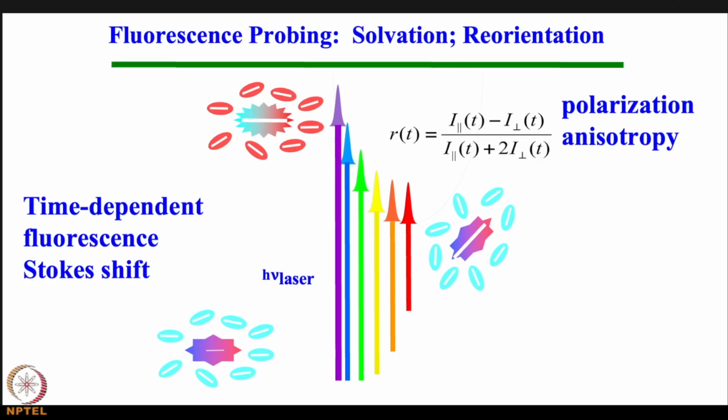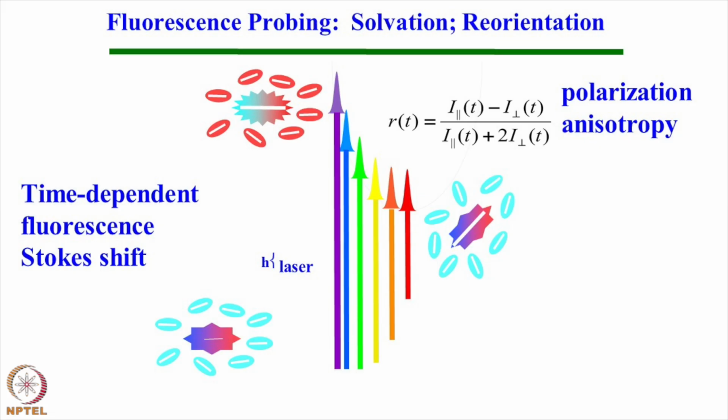This gives you something in experiment called polarization anisotropy. You are just probing how the molecule is orienting in the solution. If it is orienting without any intensity change, that means it is moving isotropically. But if it changes the intensity, that means this orientation is preferred and this one is going less and less. So, there is an orientation dependence, and that is what you measure in something called a polarization anisotropy measurement.